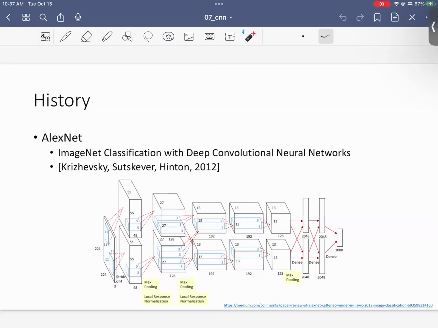Some people think that 2012 is the birth year of deep learning, because before 2012, when people tried to do image classification or visual perception, they didn't particularly rely heavily on CNN. But in 2012, it was all about CNN. I think there's a CNN here and also here and here.